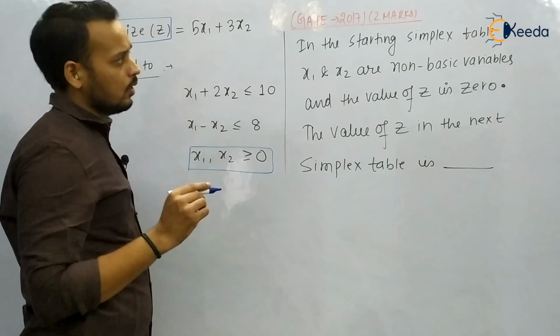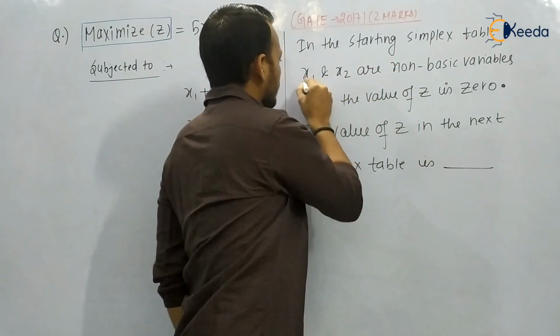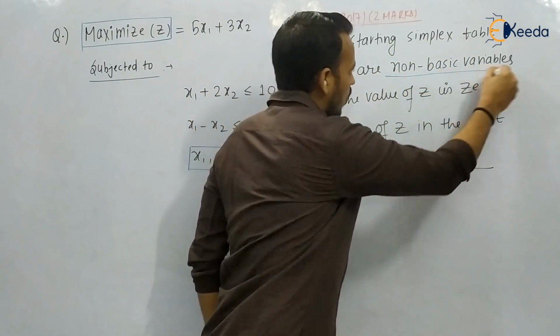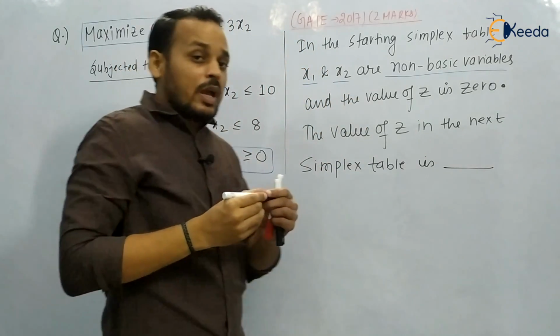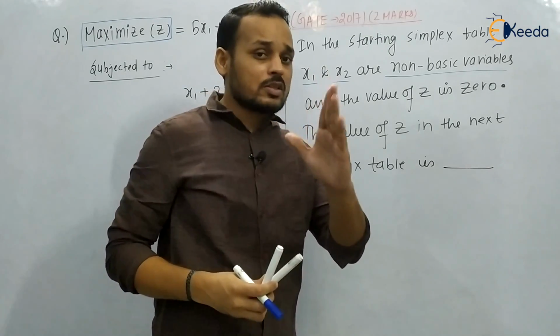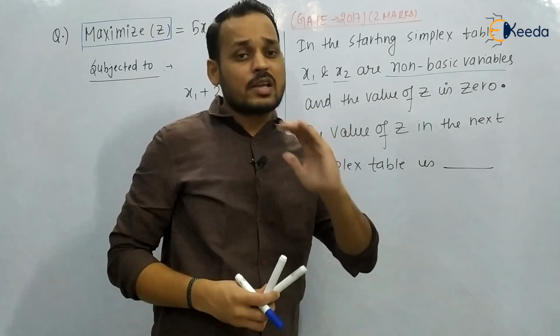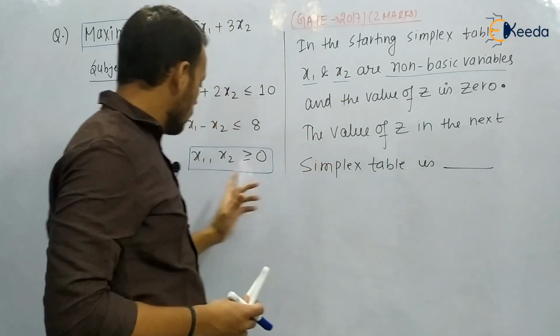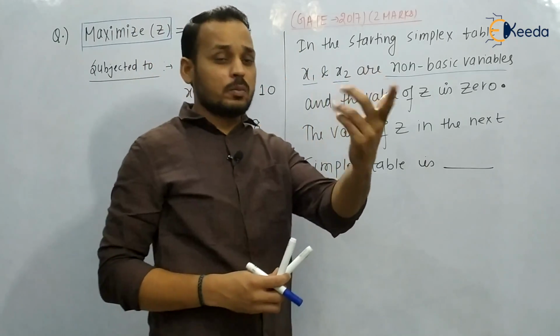What they are asking is that in the starting simplex table, x1 and x2 are non-basic variables. We know that we have to start our simplex table with the slack variables. When we start the simplex table with the slack variables, those slack variables behave as basic variables, and the decision variables x1 and x2 behave as non-basic variables.